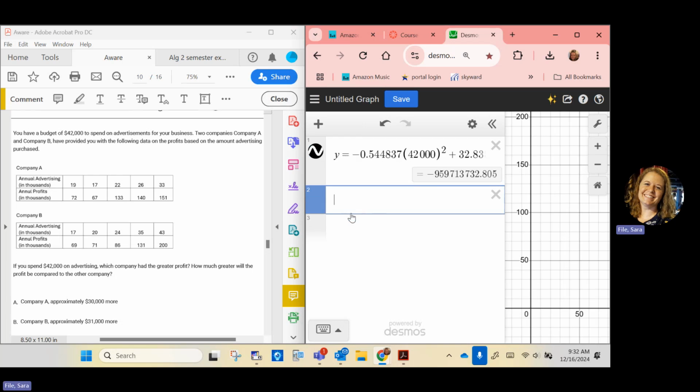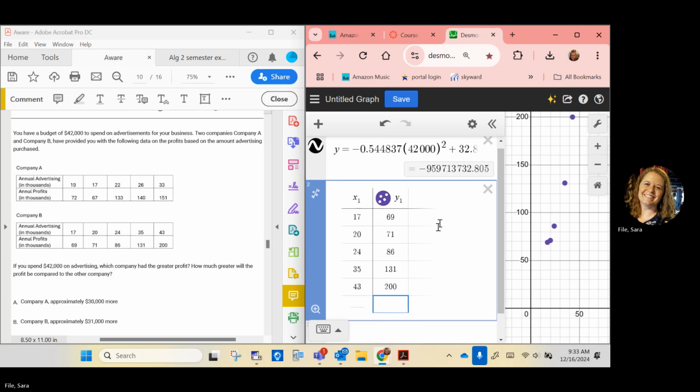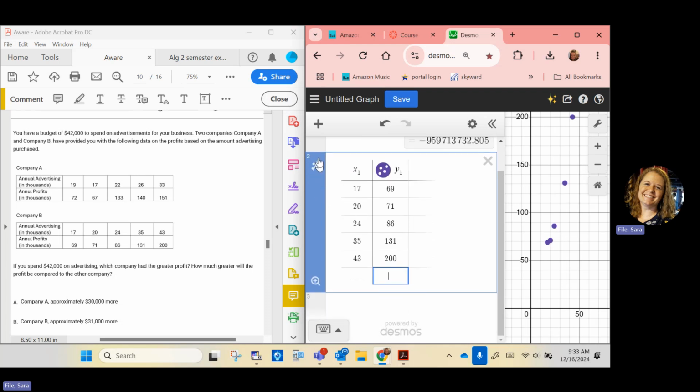Now I'm going to do the same thing for company B. So my table. Get all my data plugged in. Okay, and then I can click those dots, or I could type in my regression equation.